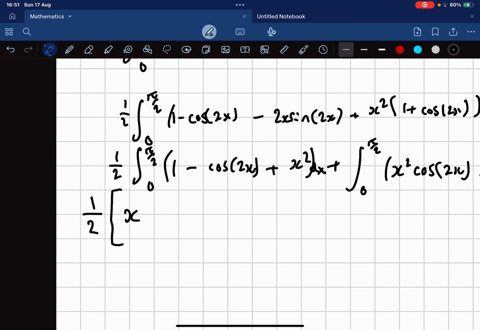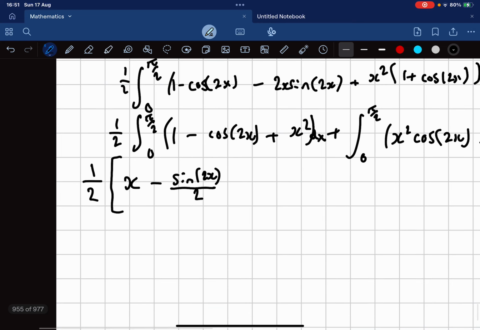Minus cos 2x is minus sine 2x. If you differentiate that, you'll realize that we need a 2 for it to be minus cos 2x. And then the minus stays. And then plus x cubed over 3. And then this is going to be between pi over 2 and 0.